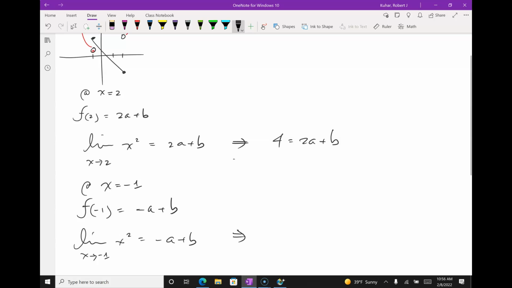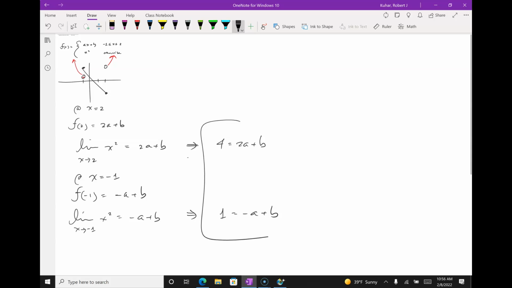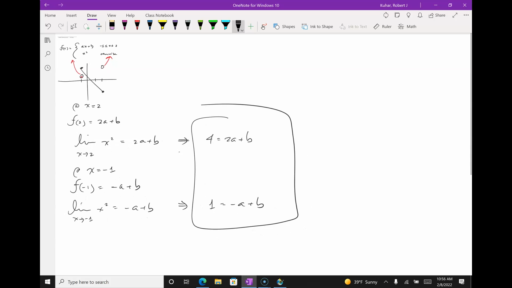I need those things to match up, right? I need the limit to equal the actual height of the function. So what do I get here? 1 equals negative a plus b. I've got my system of equations to solve now.